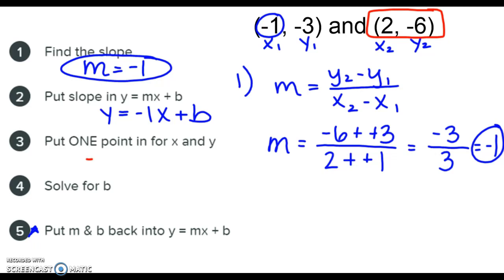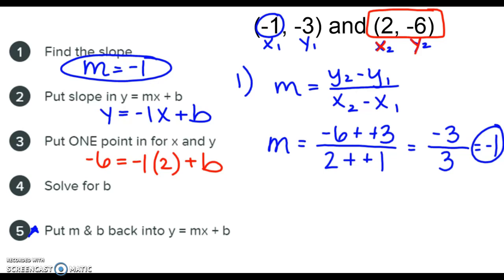So I'm going to put my -6 in for y and 2 in for x. Think about why I plugged -6 in for y and 2 in for x: because 2 was my x value and -6 was my y value.